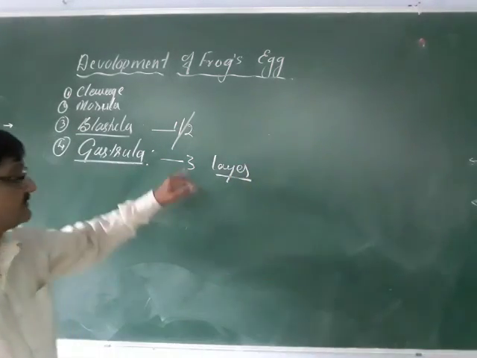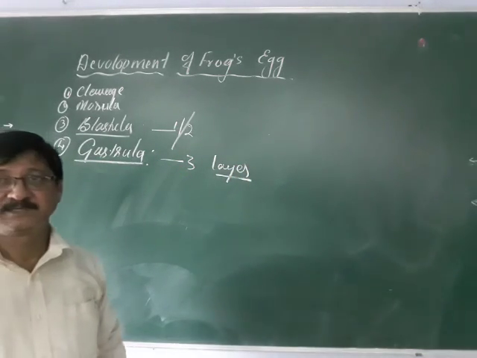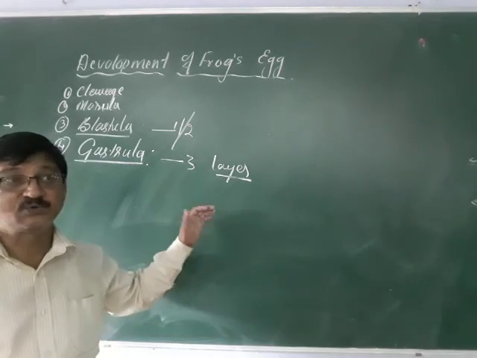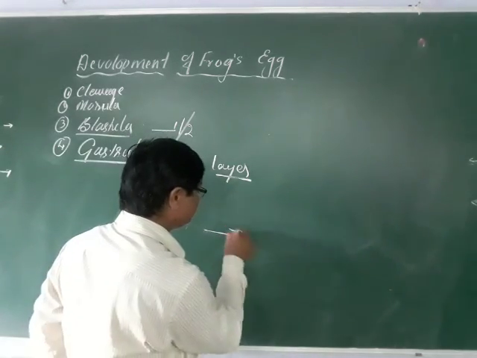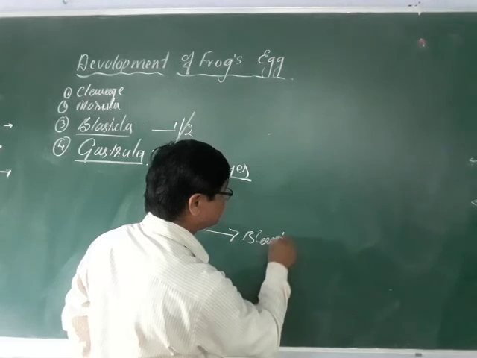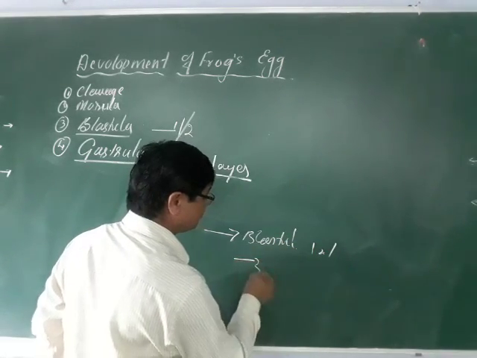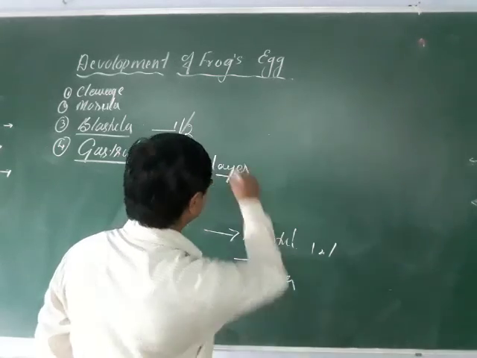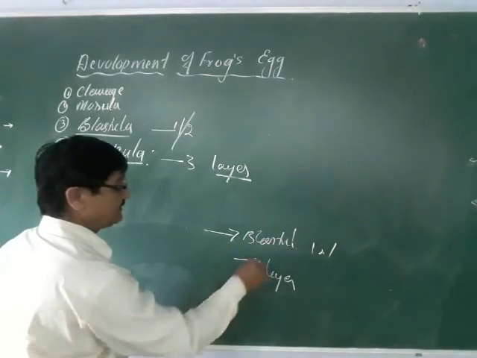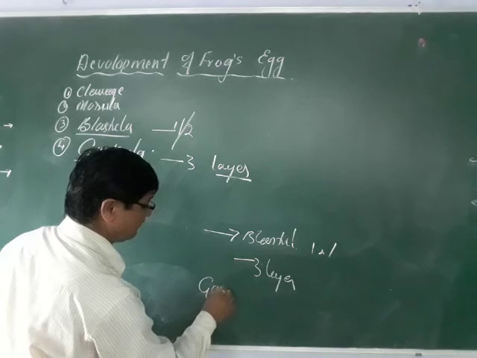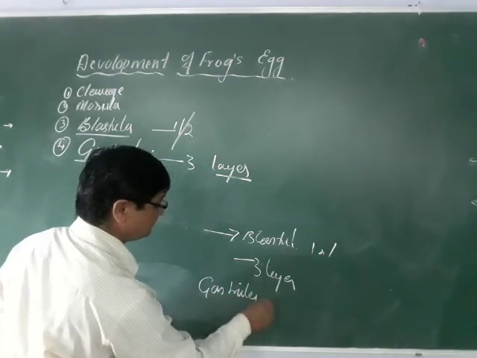It results in a three layered structure, and that will be the displacement of the blastula. Remember, displacement of the blastula from one or two layers results in three layers, and this is the gastrula.